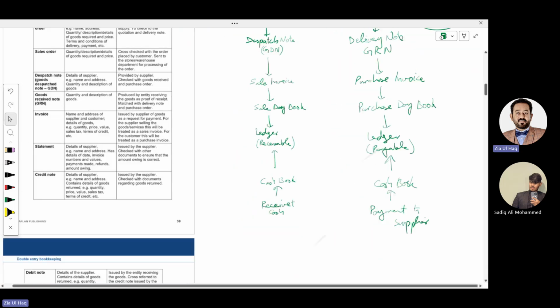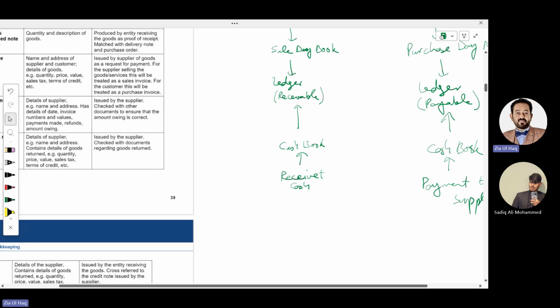Let's discuss 2 more terms. Suppose we have sold some goods to the customer. After the sale, the customer might return some of the goods. If the customer is returning some of the goods, that will be called sale return.